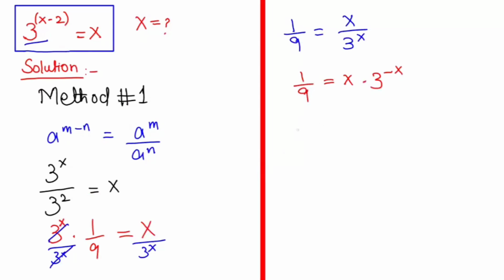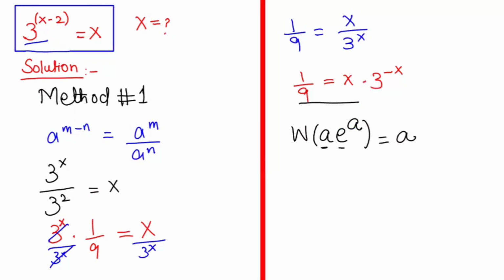Now I want to use the Lambert W function here: W(a times e to the power of a) is equal to a. For that, I want to change the expression into this form: something the same in the coefficient and in the power, and e should be there.